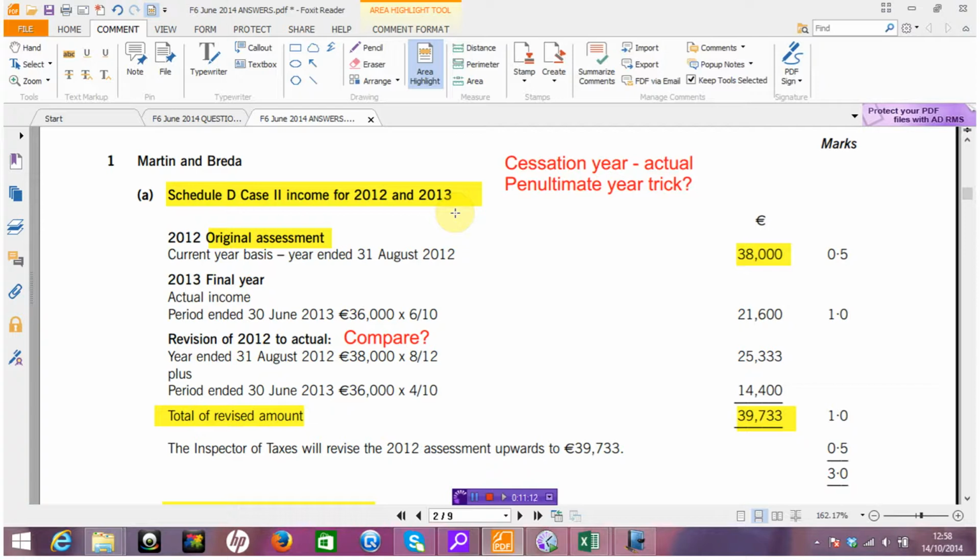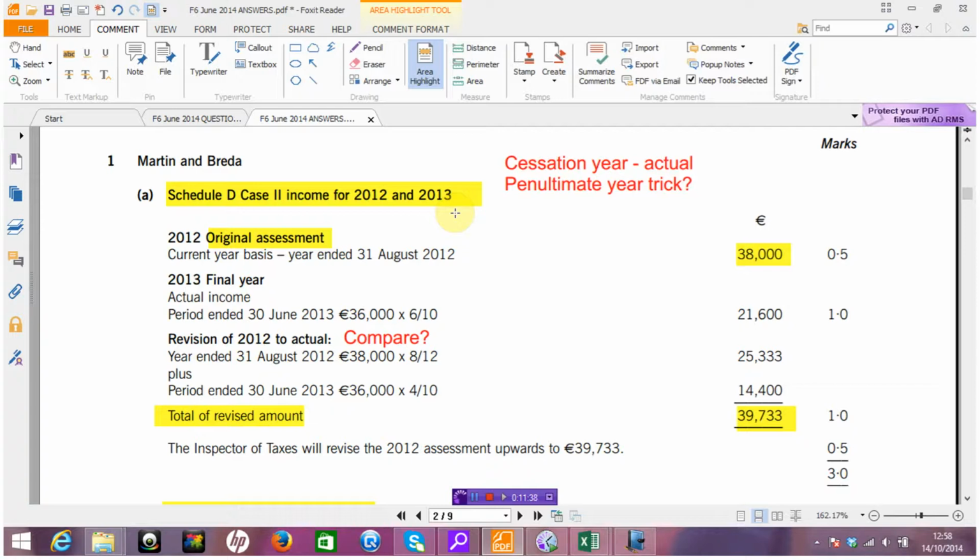Now, we'll remember from our studies, hopefully, that where an individual has a cessation date, in her case the 30th of June 2013, the first thing that we do is fix on what the cessation year is. Because the 30th of June sits in the 2013 tax year, we know that 2013 is the final year, okay? And that must mean that 2012 is the penultimate year.